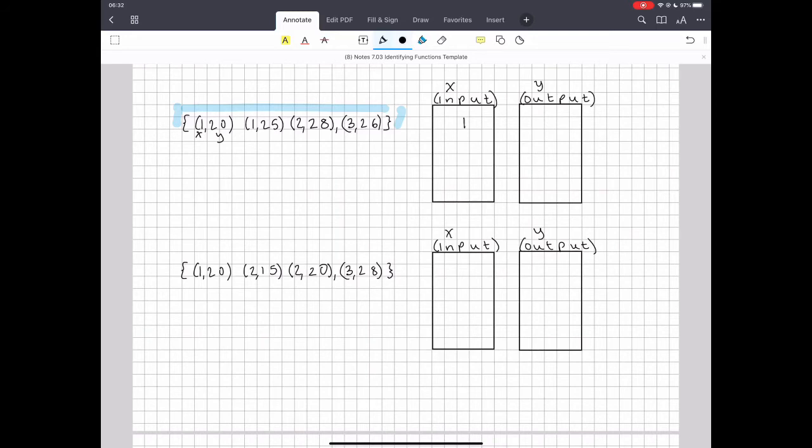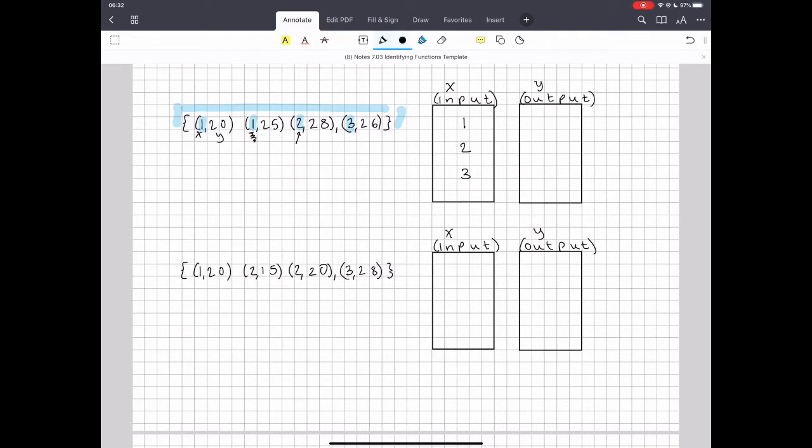And I notice right away, in the second point, I have another 1. I don't have to enter it in a second time. I've already got an input of 1 in my box, so I can just leave it there. I enter in the second different input, which is the 2. And then 3. So this covers all of my inputs. We had 1s, a 2, and a 3.